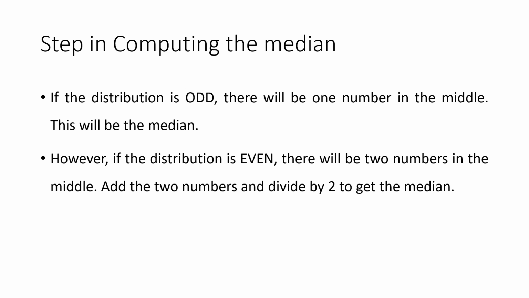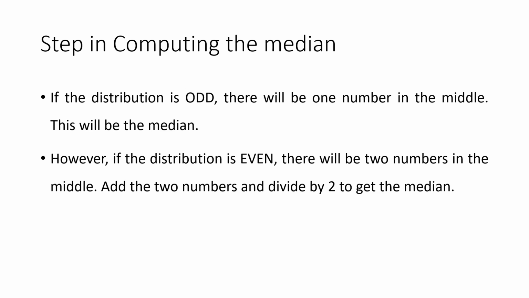If you are given 9, the position in the middle will be the fifth position. So any score that falls in the fifth will be the one in the middle, and it will be only one number. However, if the distribution is even, there will be 2 numbers in the middle.